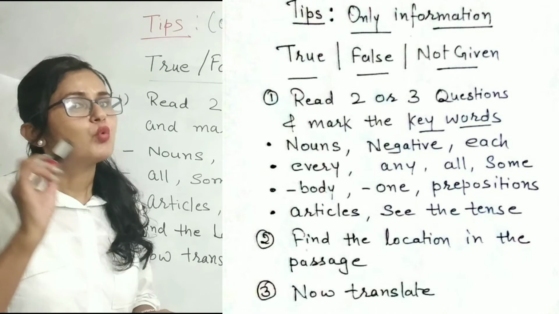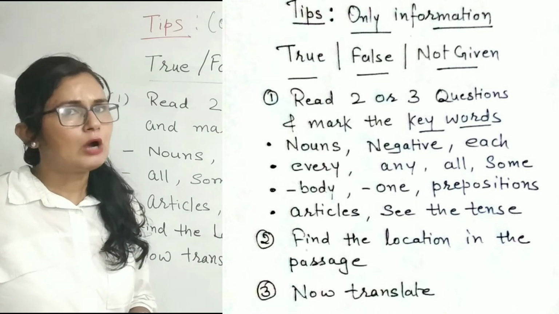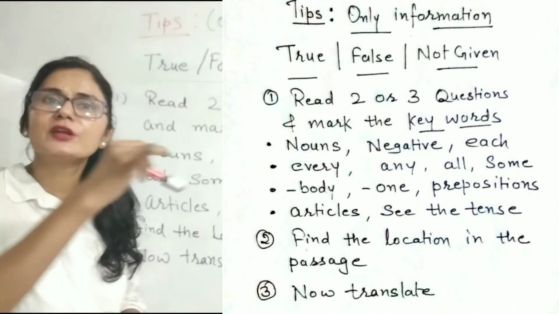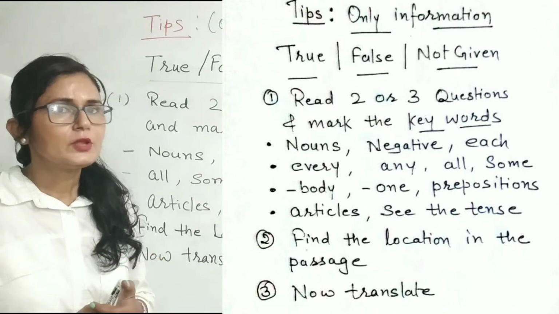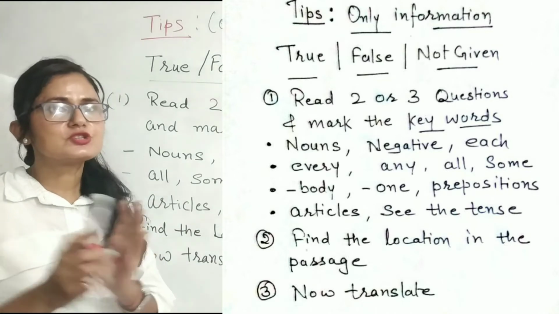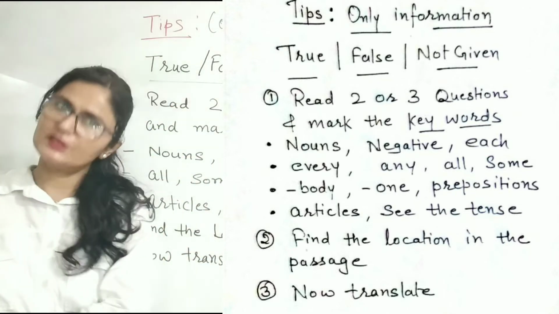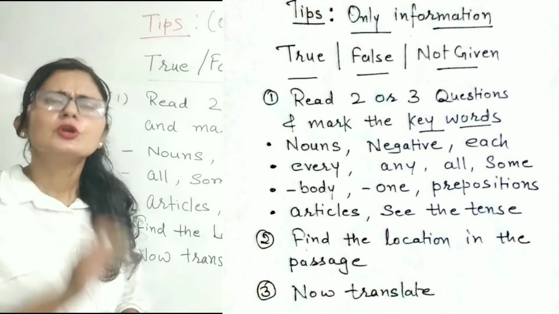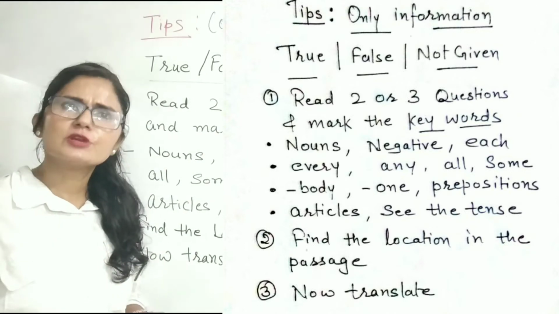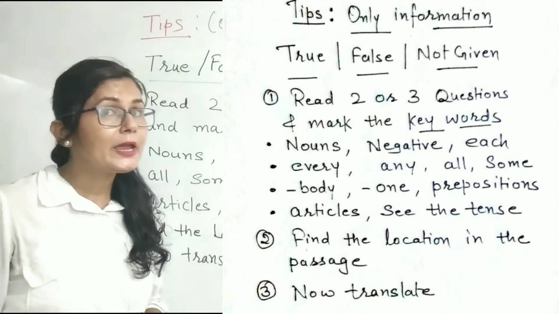Now, our target is to save our time and give the correct answer also. So, whatever you find out about the second question, write it down. First question, you have not found it yet. So, instead of wasting your time reading the whole passage to find the keywords of the first question, you just write down not given on the first question. Why?